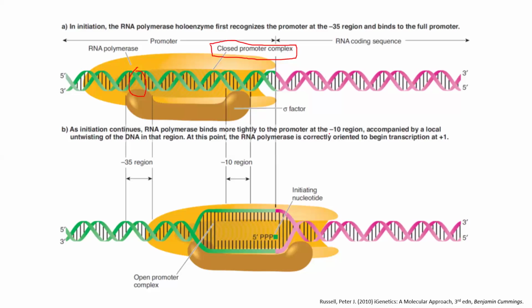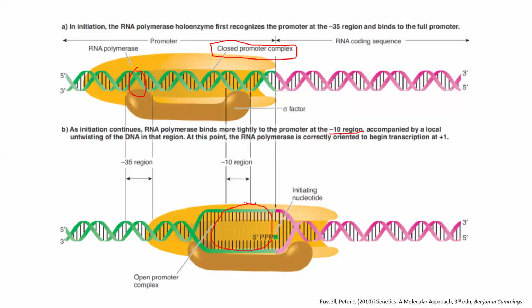As the initiation continues in the next step, RNA polymerase binds more tightly in the -10 region, the -10 consensus sequence, the Pribnow box or the TATAAT box, and untwisting of the DNA happens, that is the denaturation occurs. Denaturation means breaking of the hydrogen bonds between the nitrogen bases, and this denaturation leads to the opening of the DNA called the transcription bubble, which we can see here.